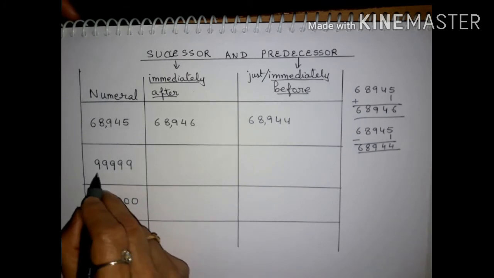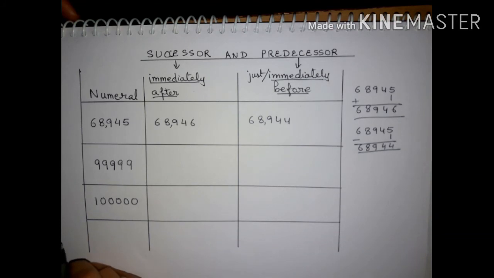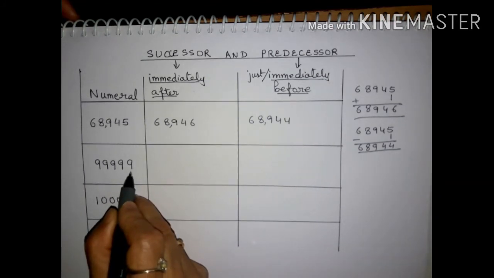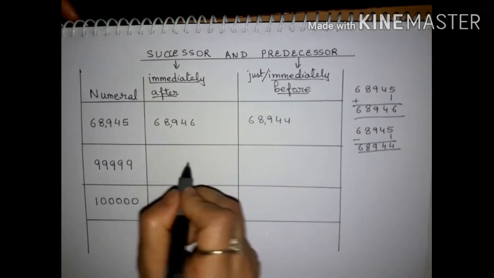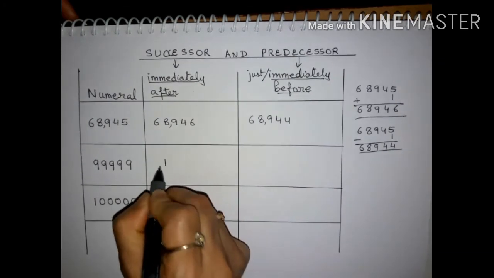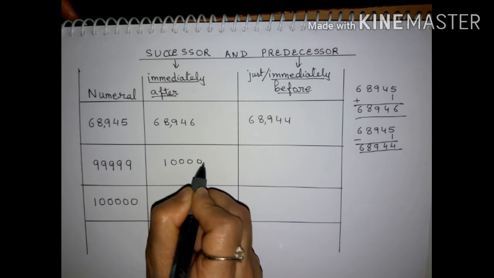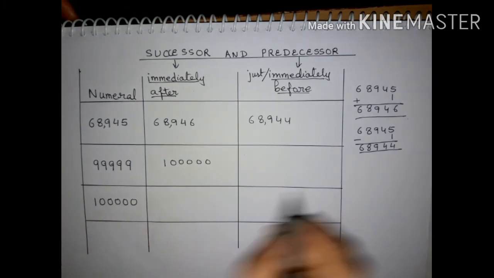Now, in case you have a big number like this, again you will add 1 here, so this will become 1, 0, 0, 0, 0, 0. Let us see how.